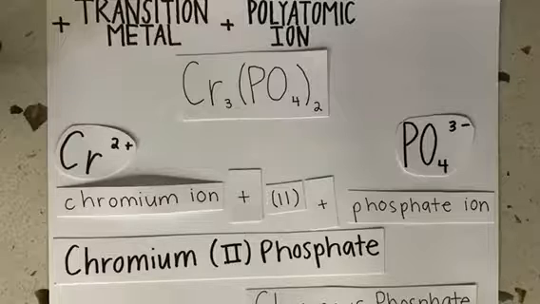The overall charge of the compound is 0, and because there are 3 Cr ions, that means the charge of each of those ions must be +2. We have a chromium ion with a charge of +2 and a phosphate ion, so the name of Cr3(PO4)2 is chromium(II) phosphate or chromous phosphate.